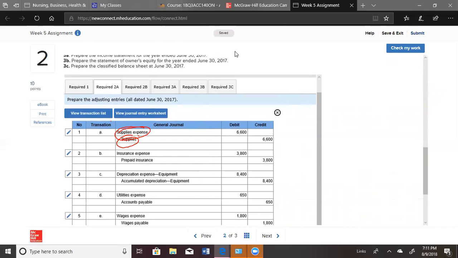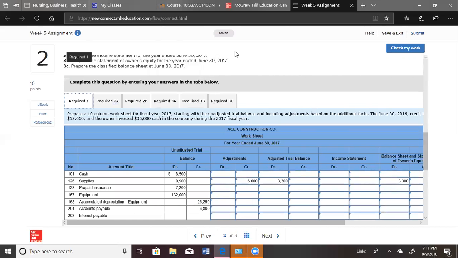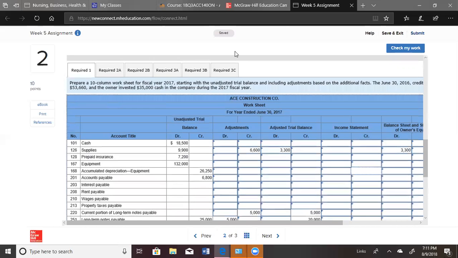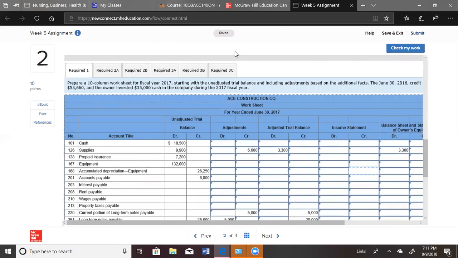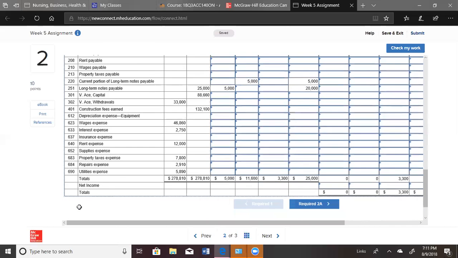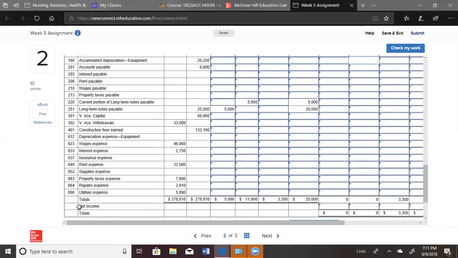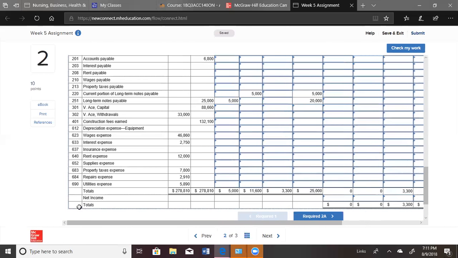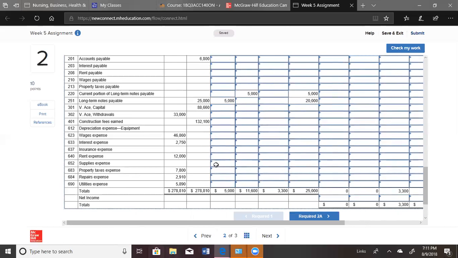So go back to required 1. Find supplies expense. That is supplies expense. Right here. So then you got to do a debit of 6,600.